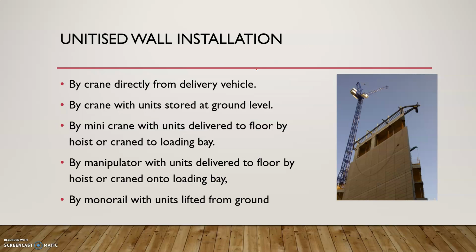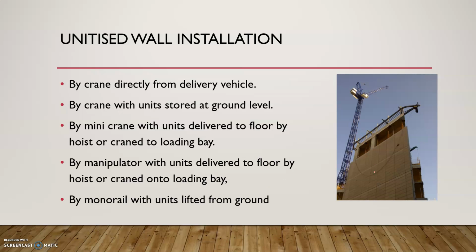Now, unitized wall construction. It can be constructed by crane directly from the delivery vehicle, by crane with units stored at ground level, by mini crane with units delivered to the floor by hoist or crane to the loading bay, by manipulator with units delivered to the floor by hoist or craned onto the loading bay, or by monorail with units lifted from the ground.